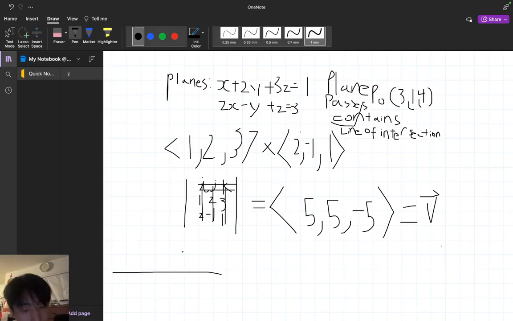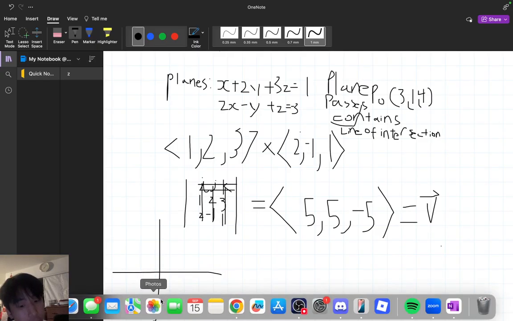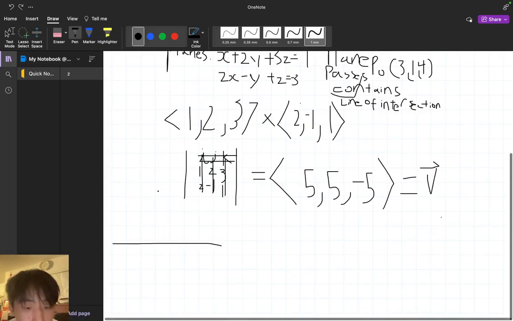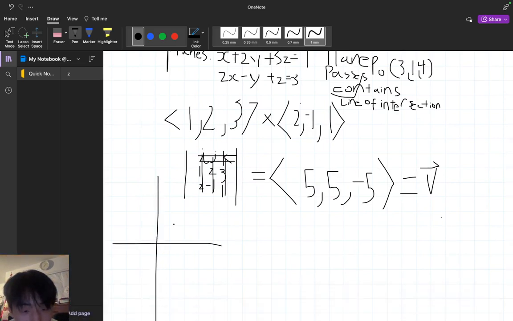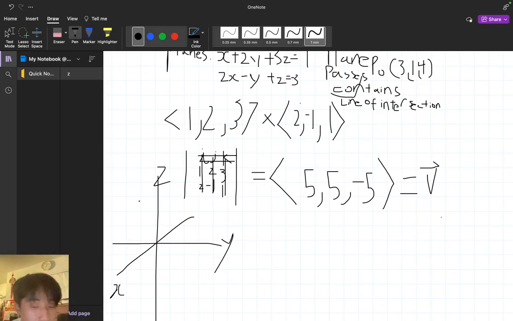Alright, imagine a plane. Z, X, Y. So if we had a plane, just a regular plane, say it's going this way.